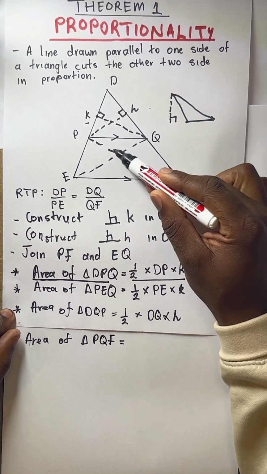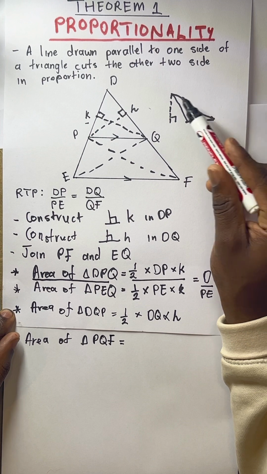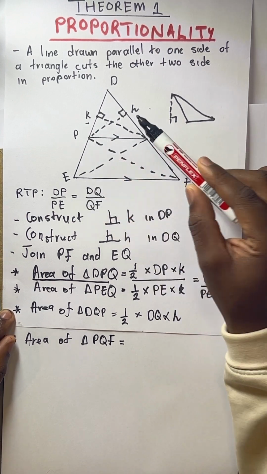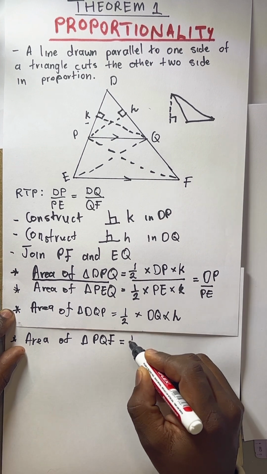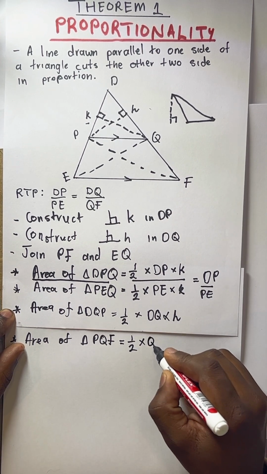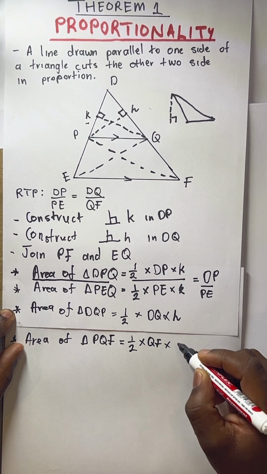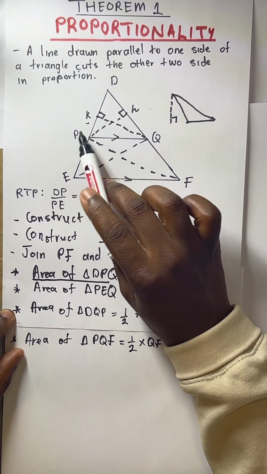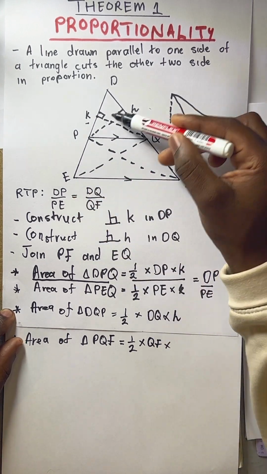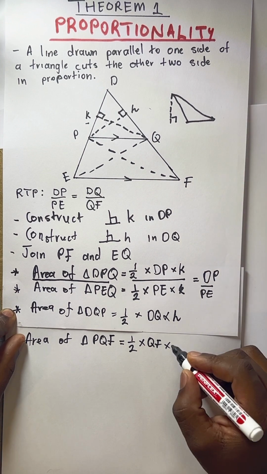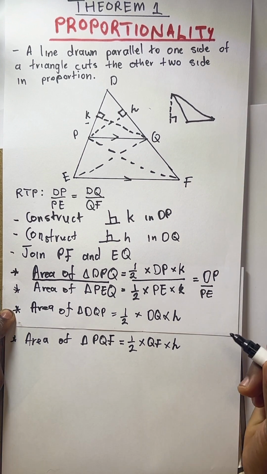Can you see that this triangle PQF is the same as the weakly drawn triangle of this other side? So similarly it's going to be 1 over 2 multiplied by its base, which is your QF, multiplied by your perpendicular height, which means if it's PQF, its height is going to be this one, because we also look at it this way.